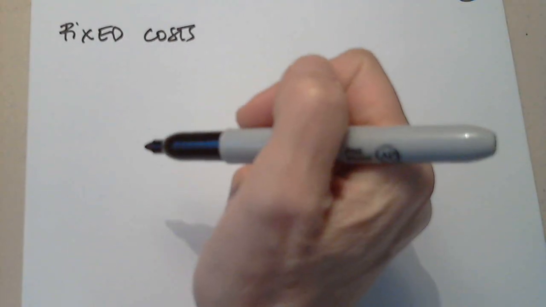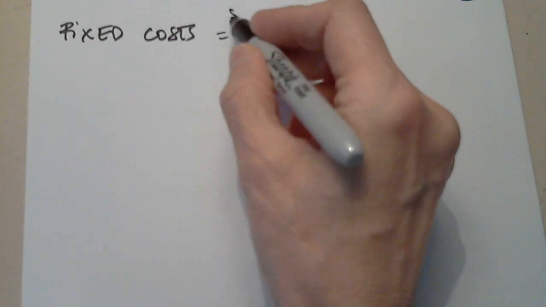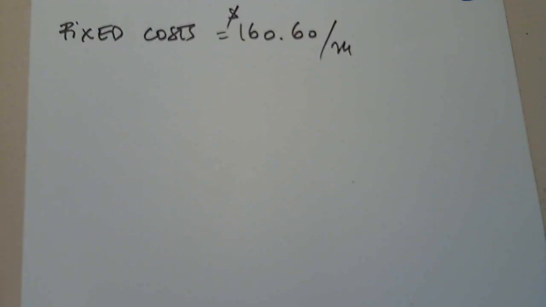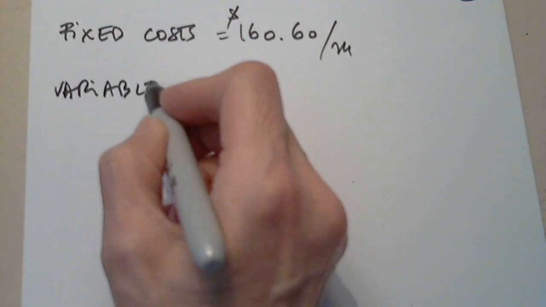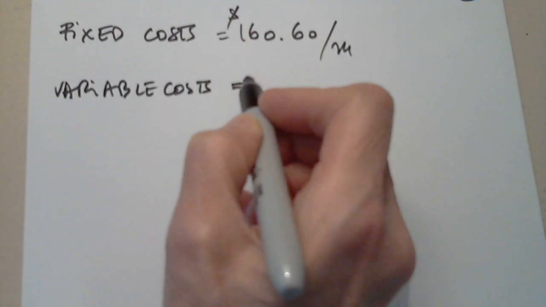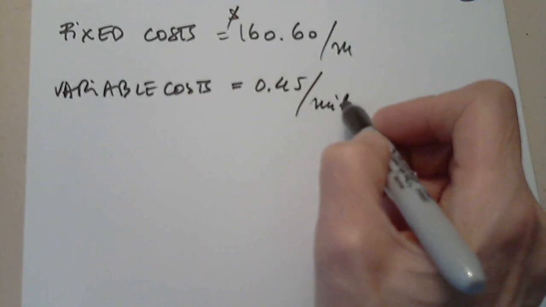So we have fixed costs, and they are giving us $160.60 per month. And 45 cents per mile for gasoline, oil, and routine maintenance. And this is variable. Variable costs. 0.45 per mile.